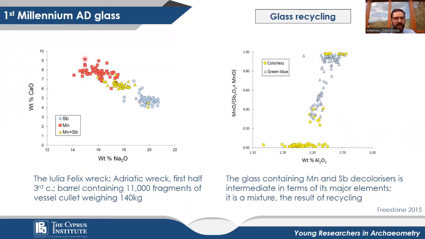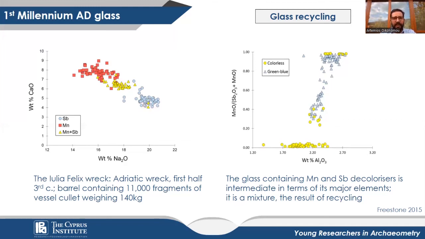Here, for example, we have the manganese decolorized glass. Here we have the antimony decolorized glass, and here we have some decolorized glasses containing both manganese and antimony, which is the result of recycling of manganese or antimony decolorized glass.